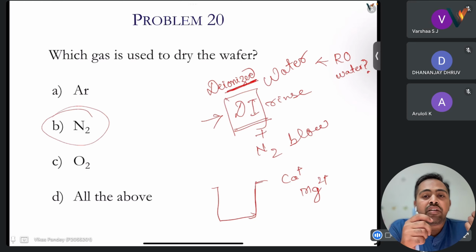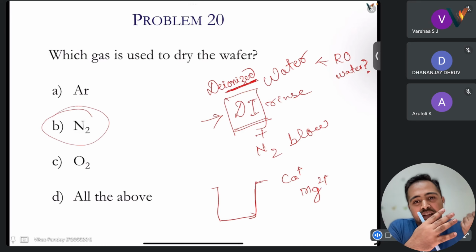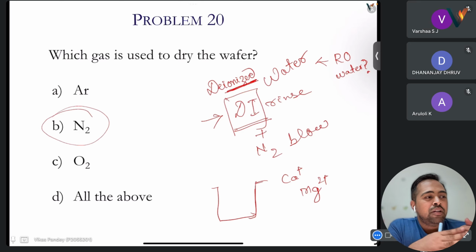So this deionized water is a very important part, and in many other industries, pharma and all, ideally deionized water should be used, but in some industry you might not have that availability, so people go for ultra pure RO water or HPLC water. But this deionized water is the one that is used in the semiconductor industry.